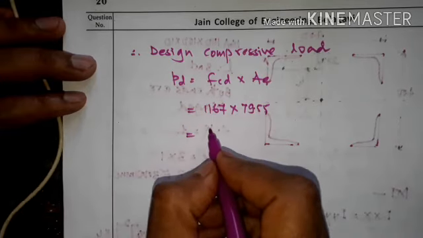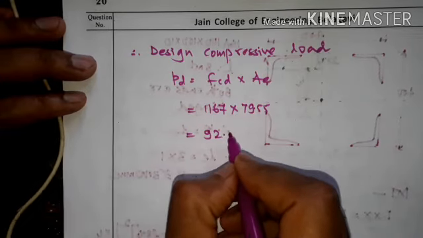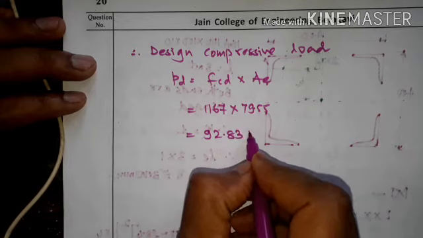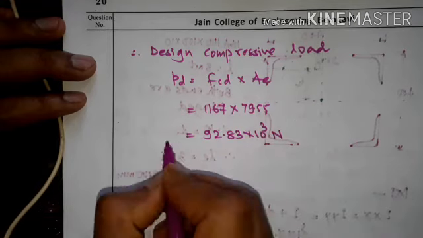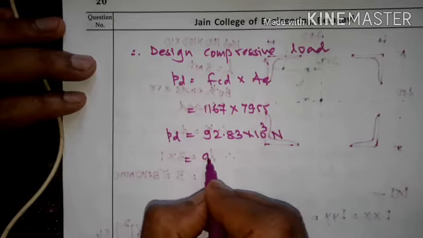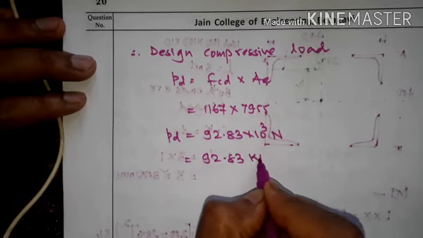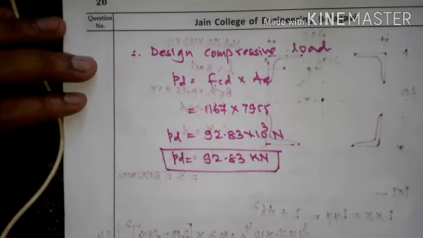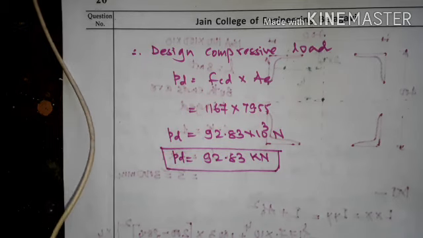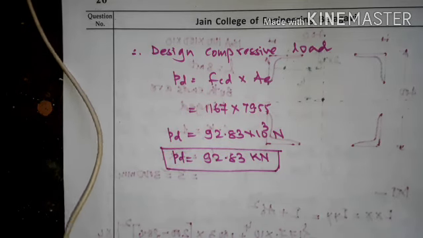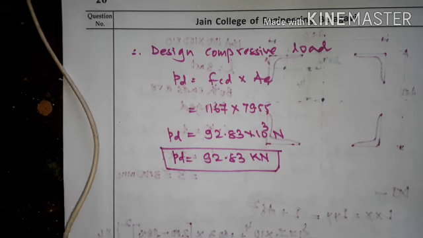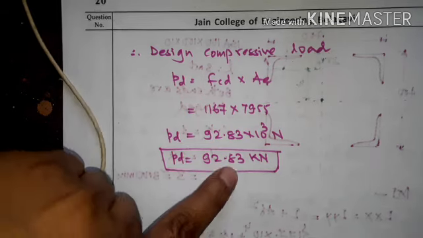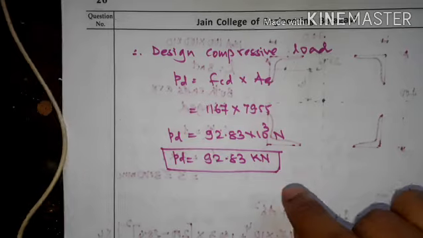So we will get this force as 92.83 into 10⁻³ Newton, or PD is 92.83 kilonewton, the design compressive load. So this is the final answer, the design compressive load for a single angle loaded through one leg, that is an eccentric connection. So 92.83 kilonewton. So this is for the first case.